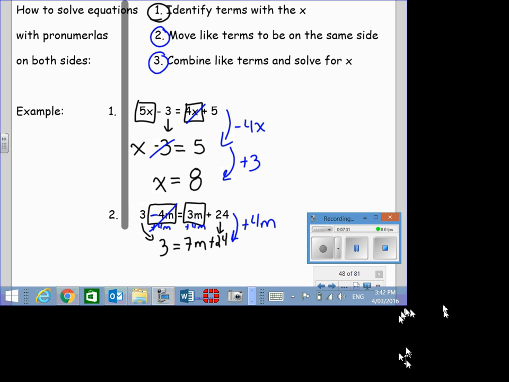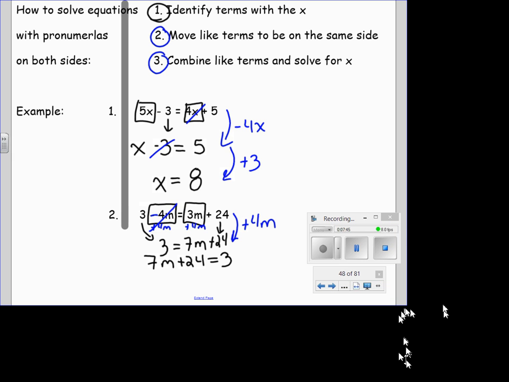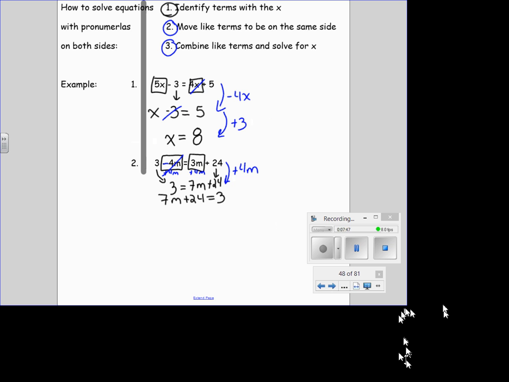At this stage, if it's more familiar to you to rewrite your equation, you can rewrite your equation as 7m plus 24 equals 3. So I can rewrite my equation and then work from there if that feels a little bit better. Okay? And I really should have my equations lined up, so I'm just going to move it over. 7m plus 24 equals 3.